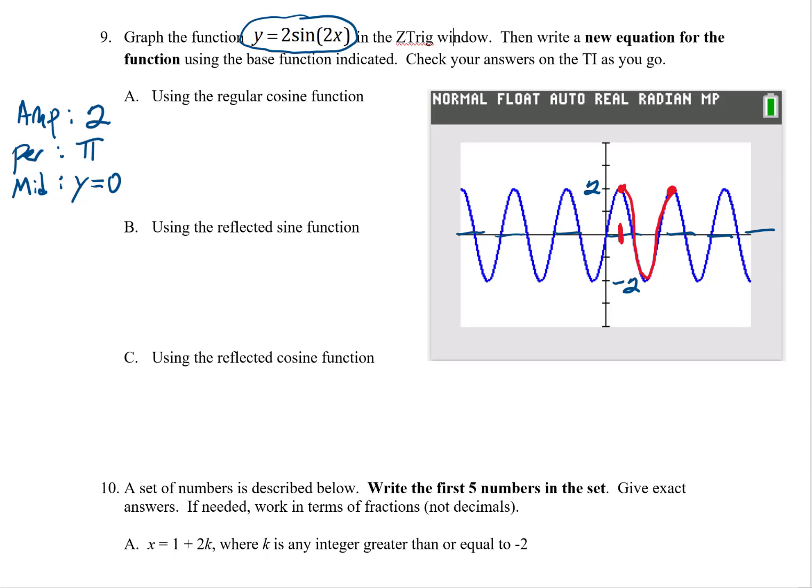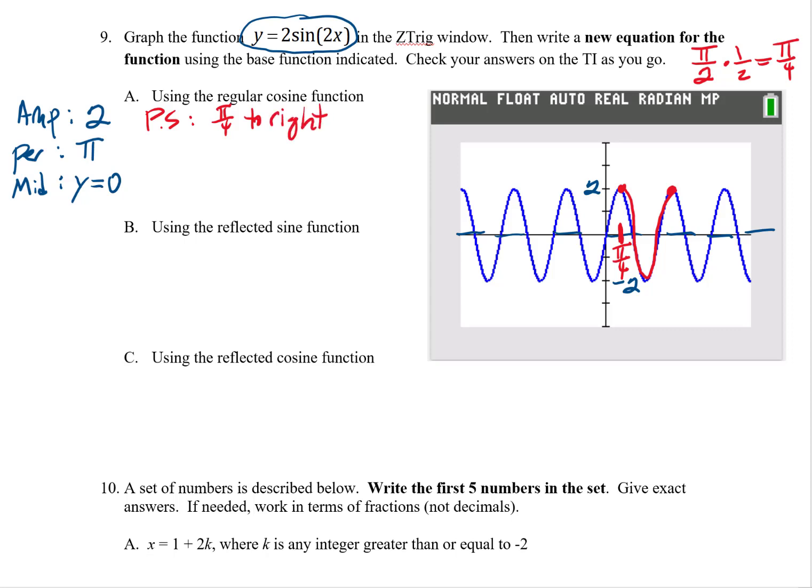Now this is not a tick mark spot, but it is half of the first tick mark spot. The first tick mark was pi over 2, that first one that's covered up. If you cut that in half, you get pi over 4. So I feel pretty confident that if I want to use the vase picture, the regular cosine, I'm going to need a phase shift of pi over 4 to the right.